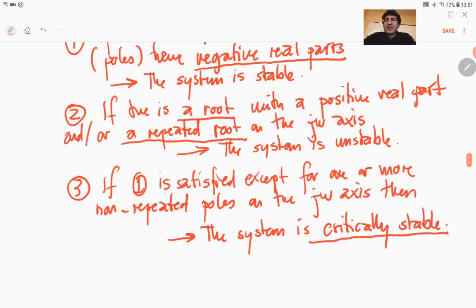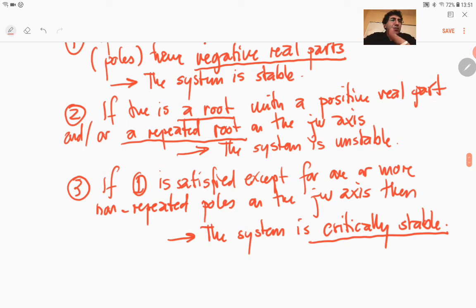You see, for the case of, for example, our second order systems where we analyze this behavior, this critical stability means that you have 2 poles on the j omega axis, and you guys know what that means, right? You basically have non-decaying oscillations. So you have permanent oscillations.